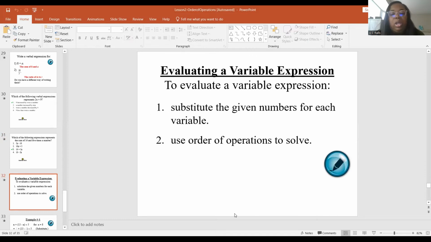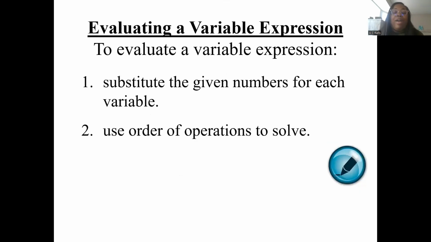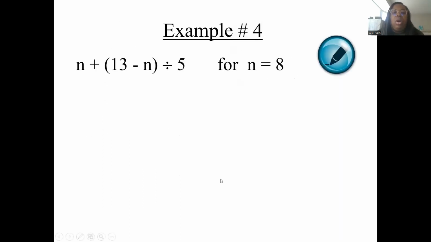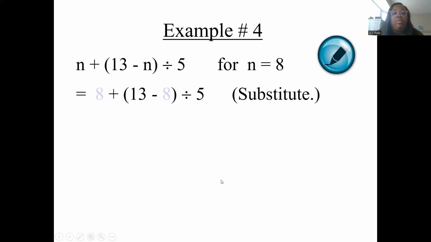So we're going to focus our time with using Desmos in order to evaluate. But let's talk about what evaluating means. To evaluate a variable expression, you want to substitute the given numbers for each variable, and you use order of operations to solve. Now that's when you're doing it by hand. So I'm going to show you one example of doing it by hand.